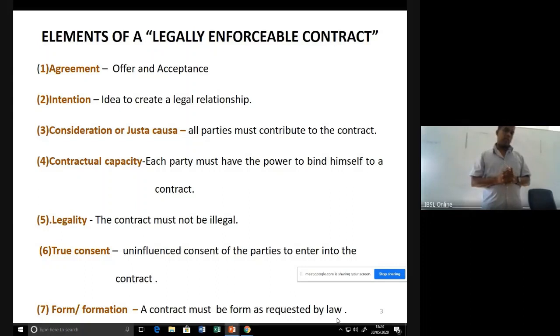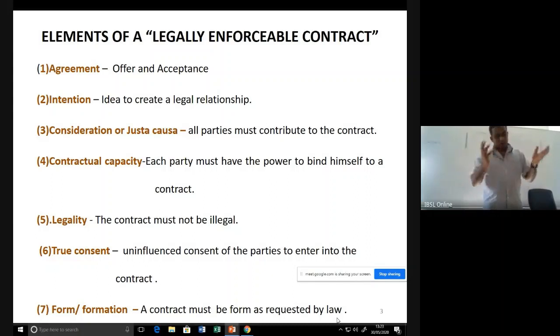The reason is that the contract you entered with your father is not a legally enforceable contract. That's why you can't go to courts against your father on this contract.